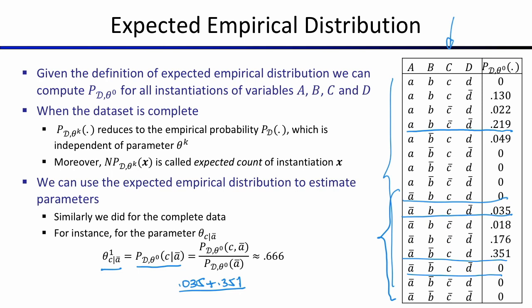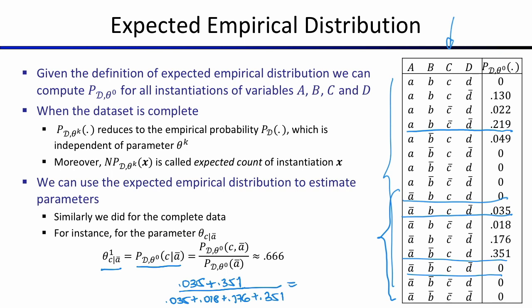And we're going to have the sum of all these values, so it's going to be 0 plus 0.035 plus 0.018 plus 0.176 plus 0.351 plus 0 plus 0 plus 0, right?